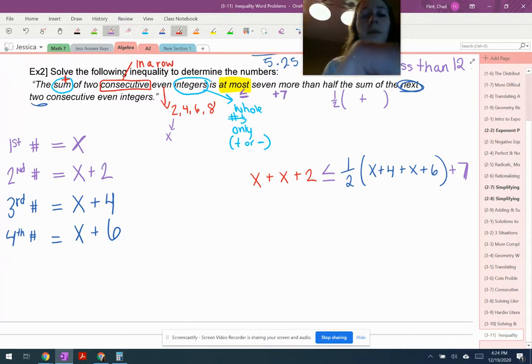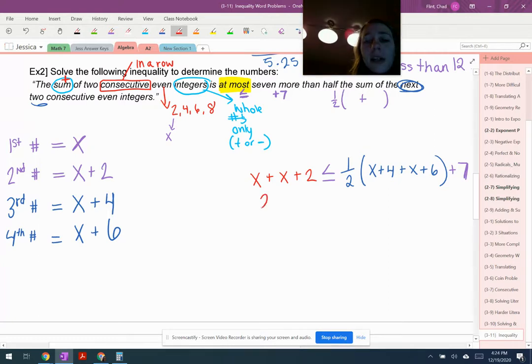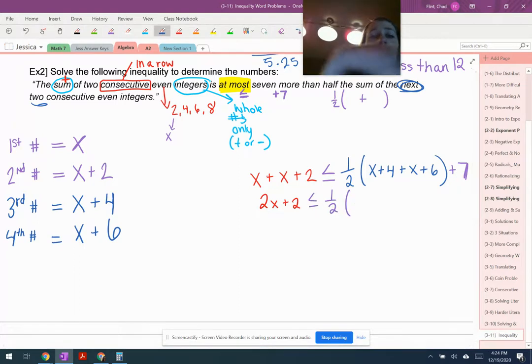All right, so now we just combine some like terms here. x plus x gives us 2x plus 2 is less than or equal to, my 1/2 is still on the outside. Inside of those parentheses turns into 2x plus 10, plus 7 on the outside.